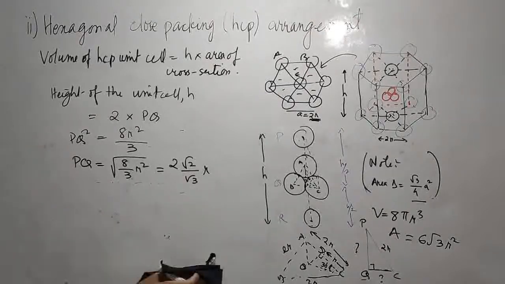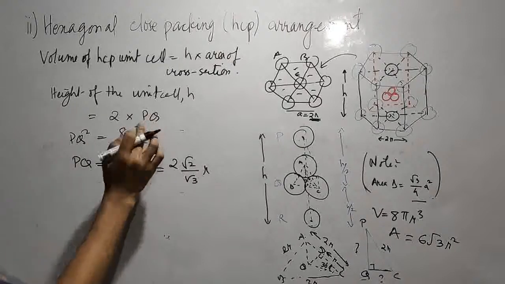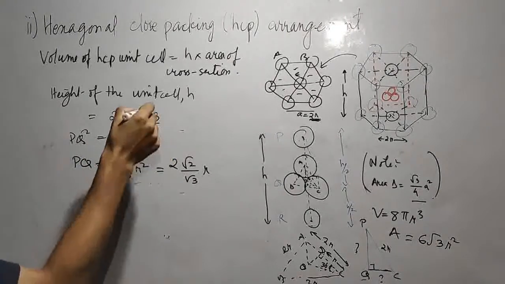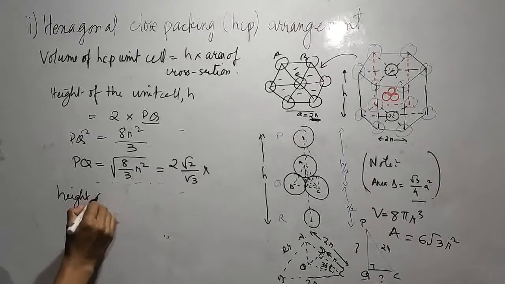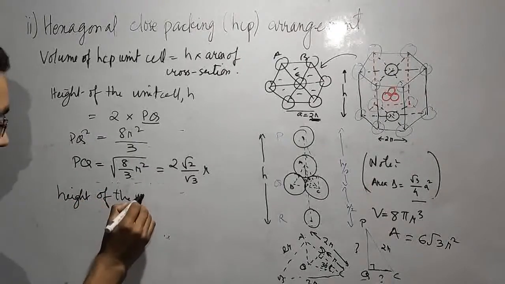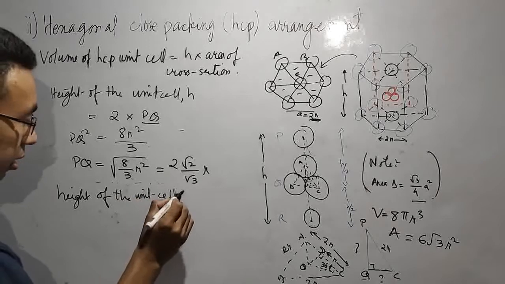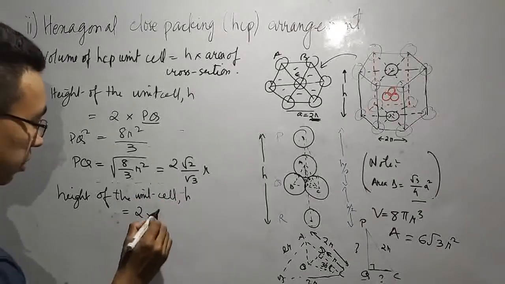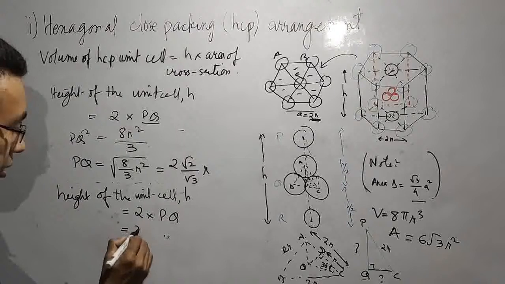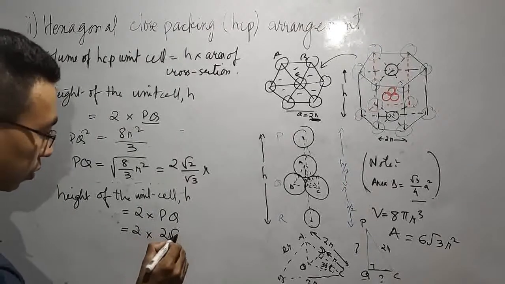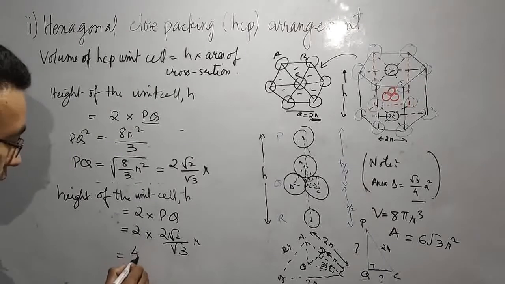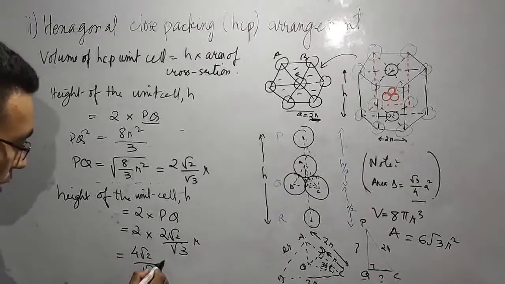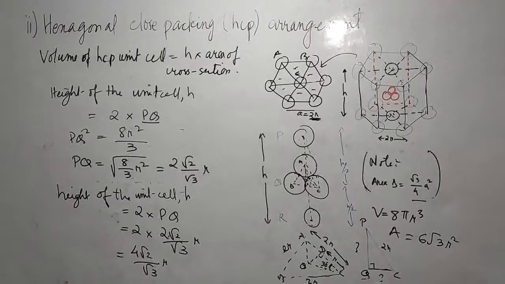Now we know the value of PQ already, so we put it here. The height of the unit cell H equals 2 times PQ, that is 2 into 2√2 by √3 r. So we get 4√2 by √3 r. This is the height of the unit cell.